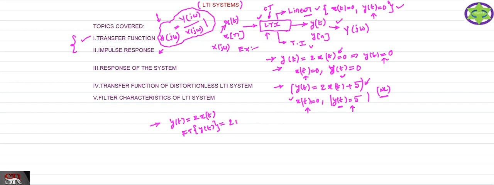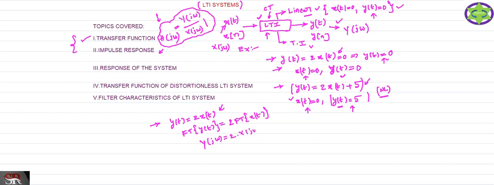For any type of equation given by the LTI system, you just apply the Fourier transform on both sides, so that you will get the transfer function. Fourier transform of y of t is Y of j omega, which is equal to 2 times the Fourier transform of x of t, which is what?